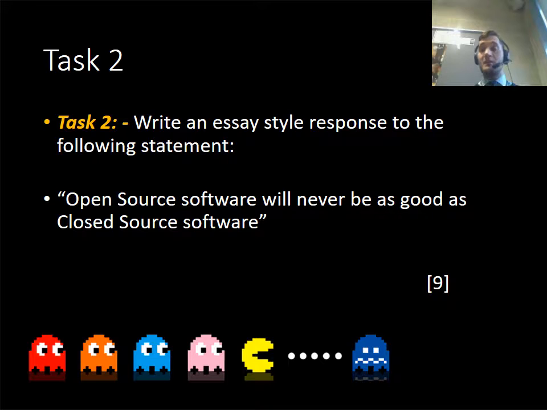Don't make the mistake of explaining what open source and closed software is and then forgetting to actually relate it to a situation. They might give you an exam question that talks about whether it's okay for a school to use open or closed source software, and you're going to need to show both sides to that story. So please be aware of that, and also be aware of your spelling and grammar in order to get the maximum marks.